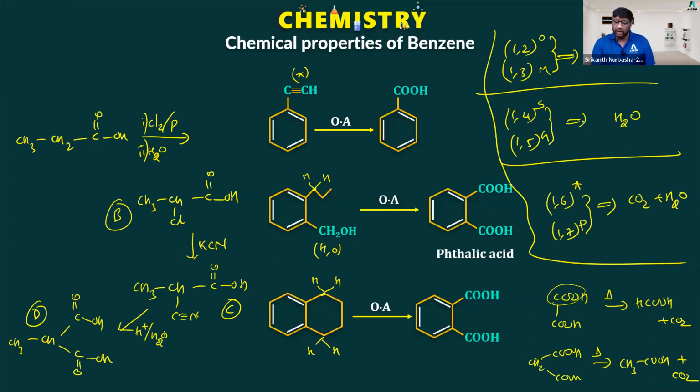1,4 and 1,5 acids will undergo loss of water when you heat them, forming cyclic anhydrides. 1,6 and 1,7 acids undergo loss of carbon dioxide and water, forming cyclic ketones.